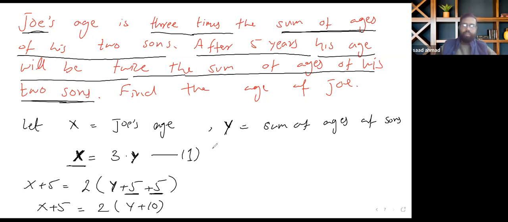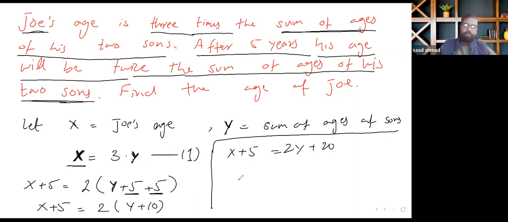All right, let's solve it. So x plus 5 equals 2y plus 20. Okay, wait, sorry, my bad.